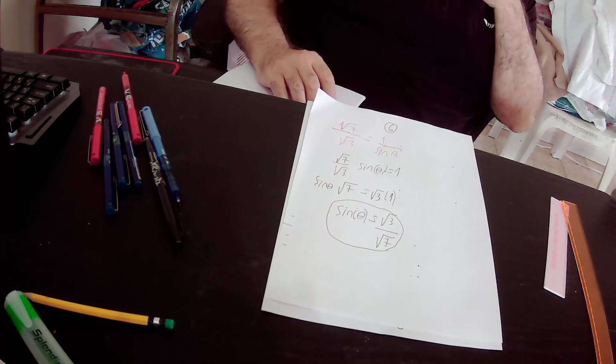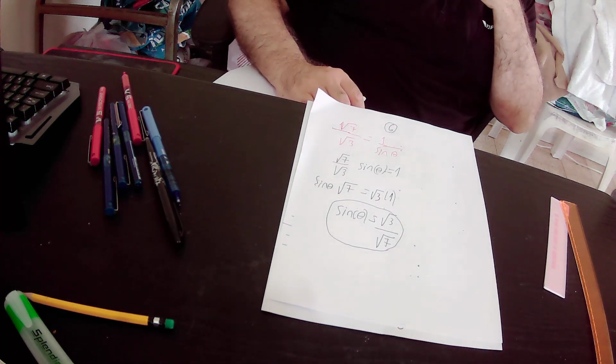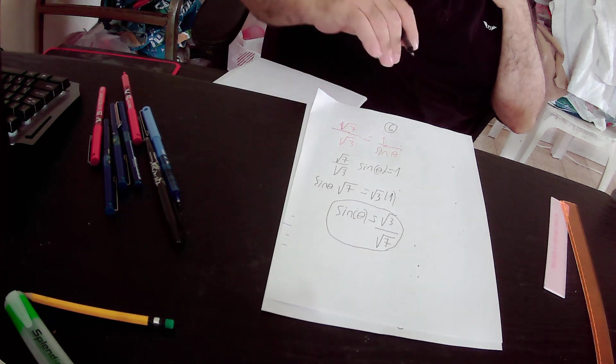In the next step, we will find the value of cosinus theta, and we will use the first trigonometric identity in order to find out the value of cosinus theta.